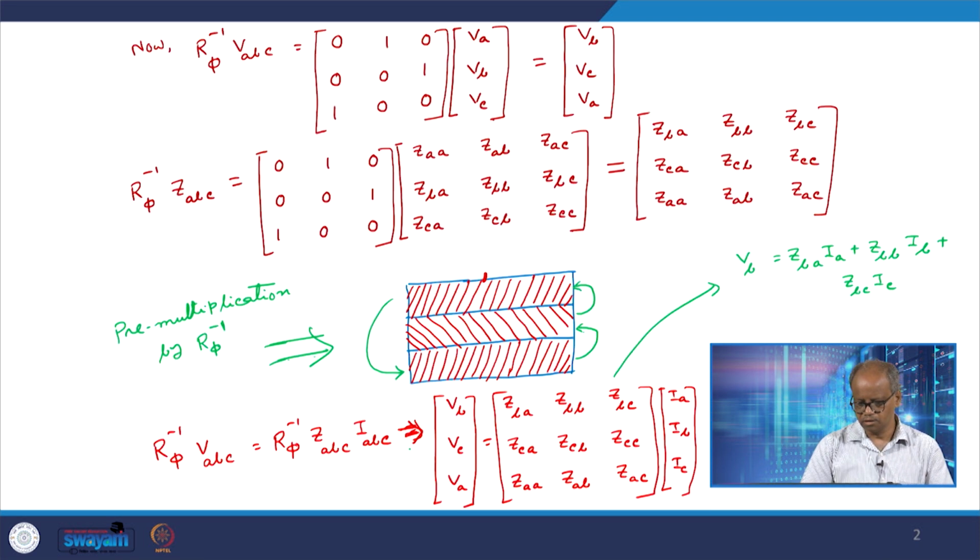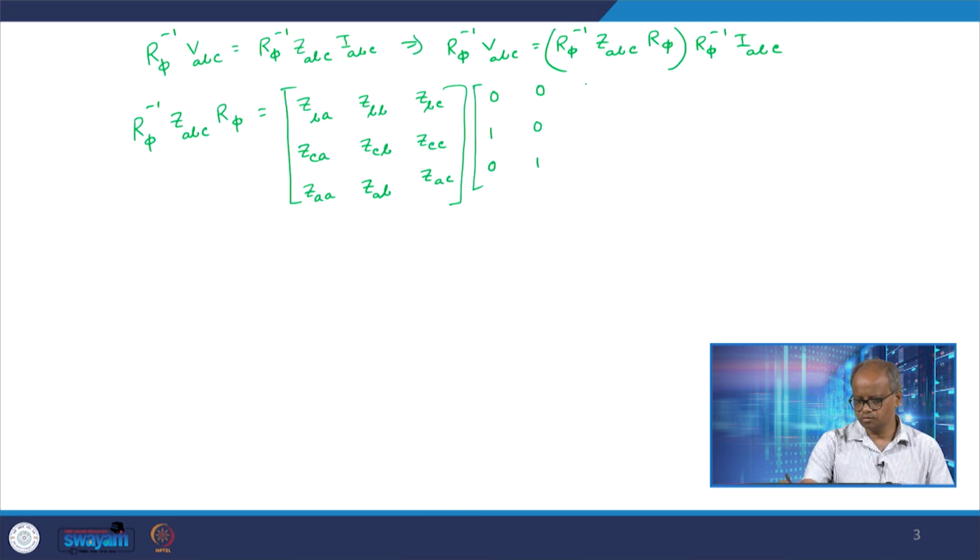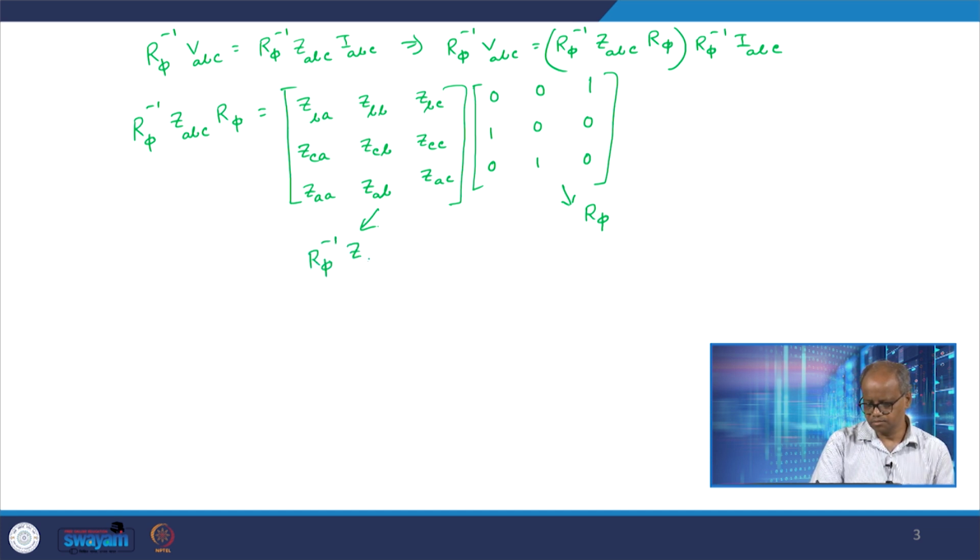So this is R phi, and this is R phi inverse into Z ABC, which we have already proved in the last slide.